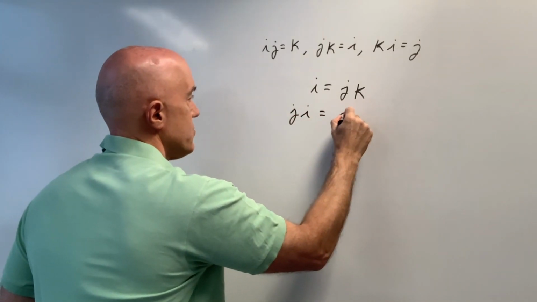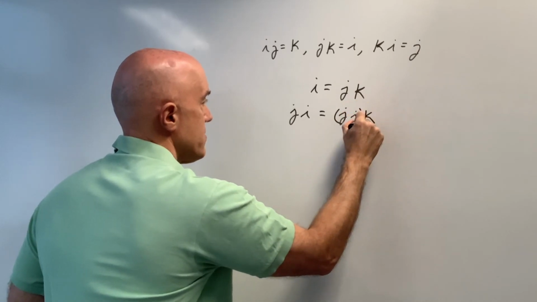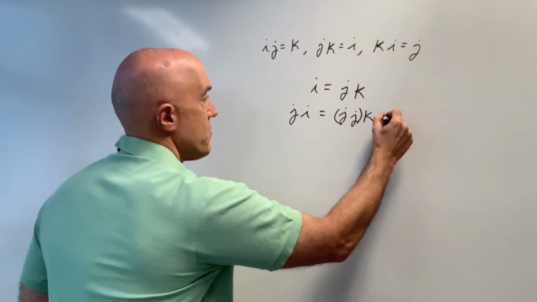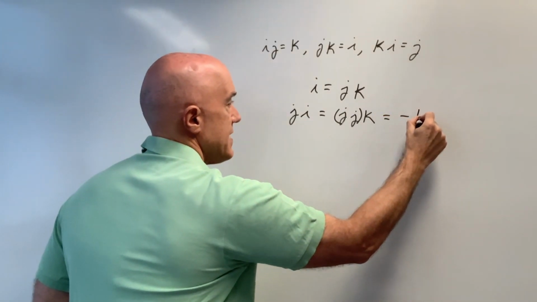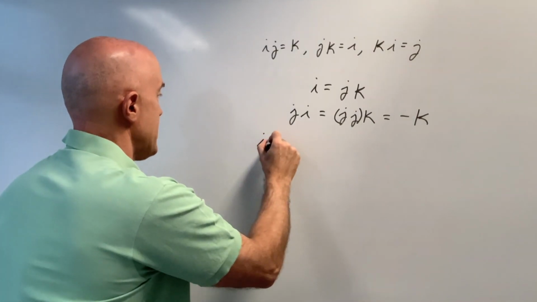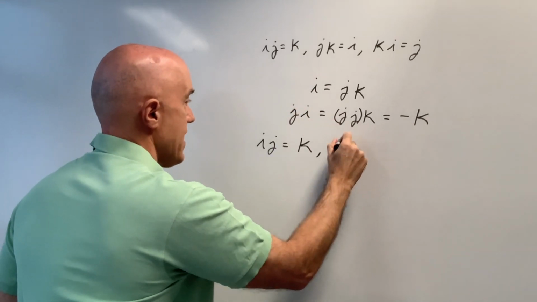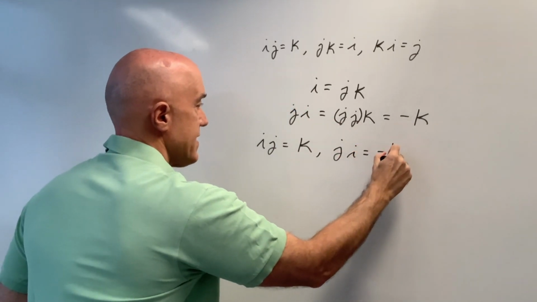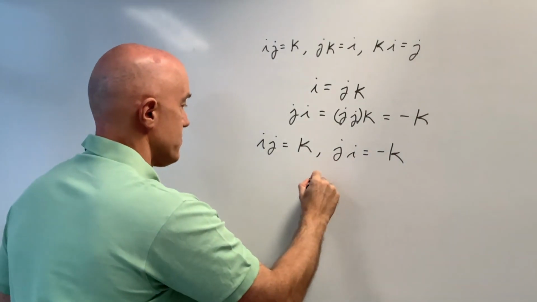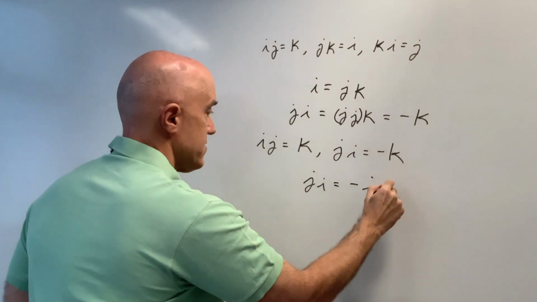So that's equal to j times k. And we can do the j times j, or j squared, multiplication first, and that will give us -k. So what we have is ij equals k, and also ji equals -k. Okay? If we rewrite this, we have ji equals -ij.